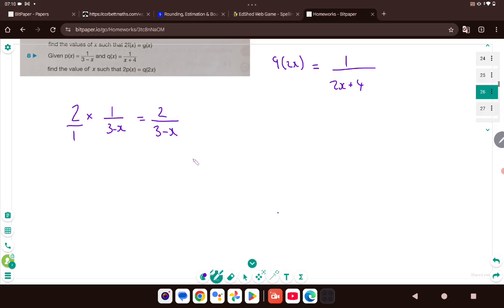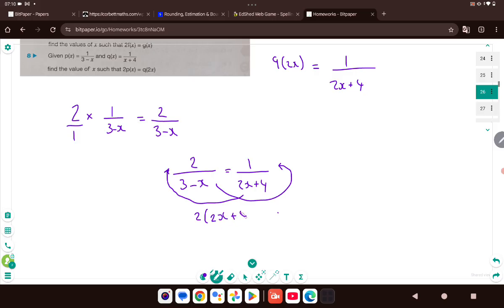Right, now I can put them equal. I'm going to multiply both sides by 2x plus 4 and by 3 minus x, to do a cross multiplication thing. Expand your brackets.